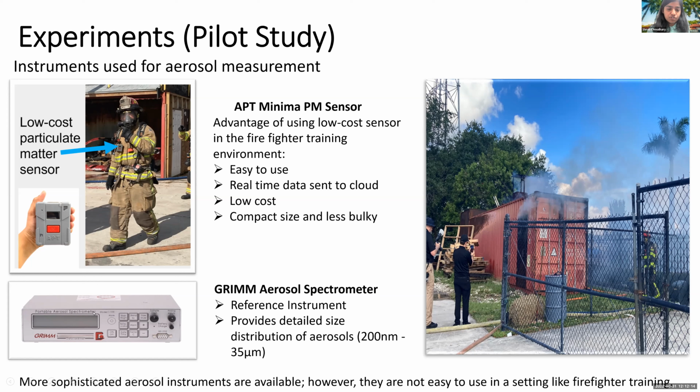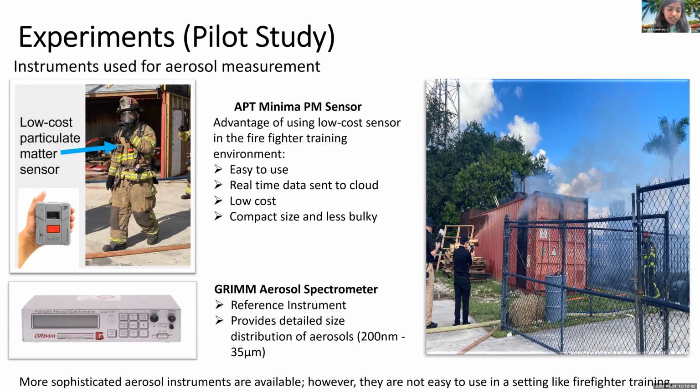We also used a Grimm aerosol spectrometer, which was acting as a reference instrument for the study. It provided us a detailed size distribution of the aerosols, in the size range of 200 nanometers to 35 micrometers. Size distribution is the number concentration of different sizes of aerosols in the environment.